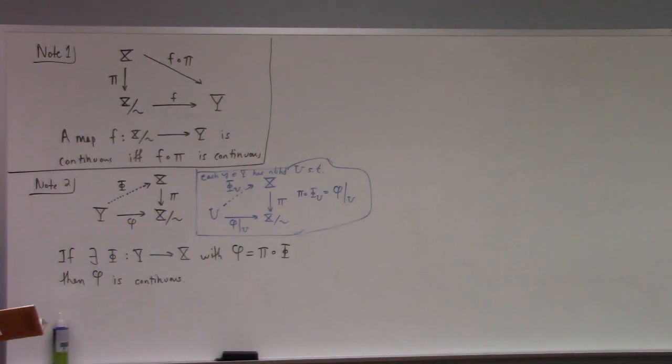So if you can find more of them, like one for each point like that, then that also suffices, you can piece it together and get continuity of all of phi. I think I proved both note 1 and note 2 last time, but not the local version.